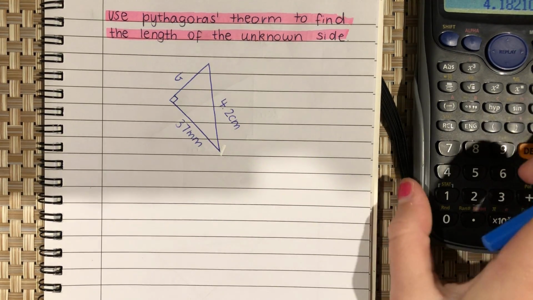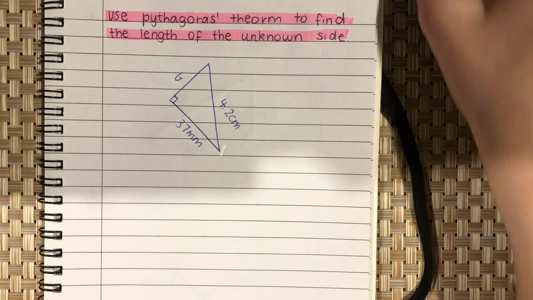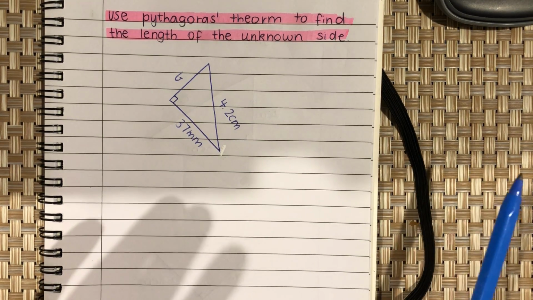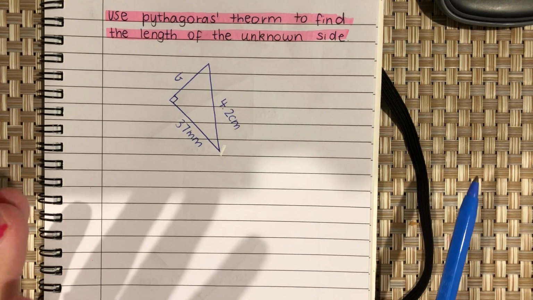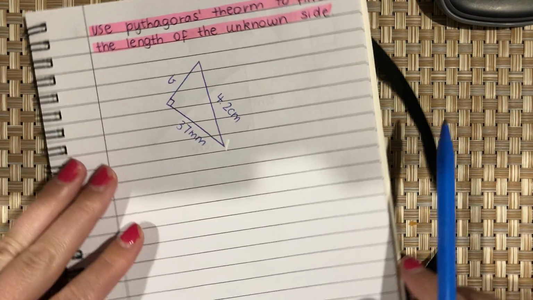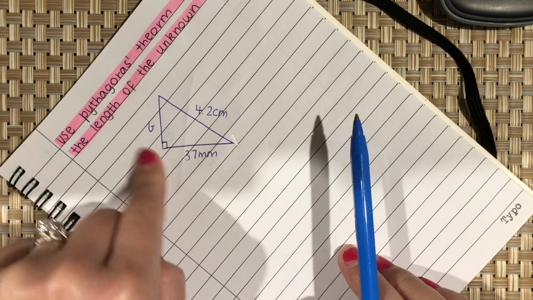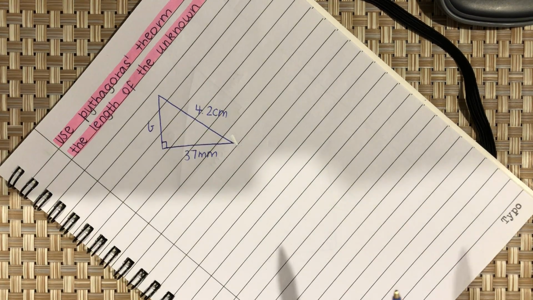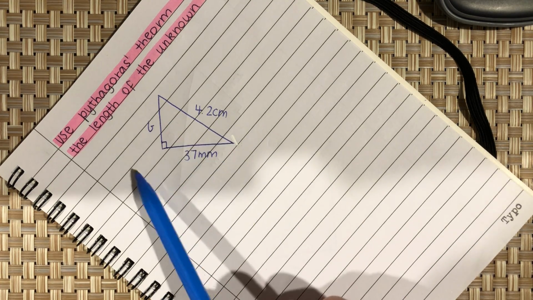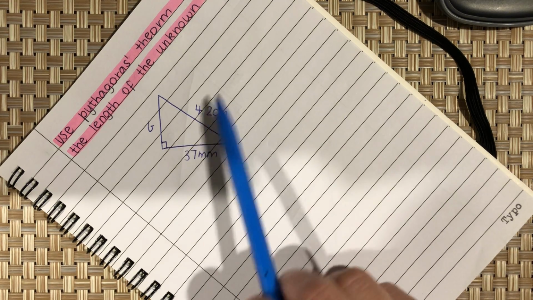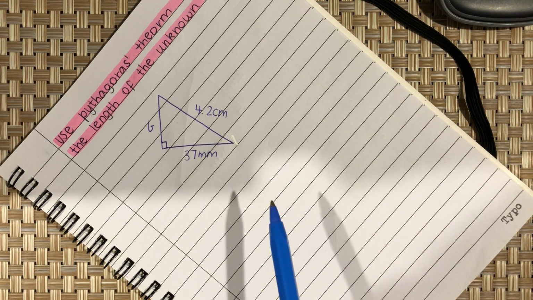Another example. Now again, if you're looking at this and it just doesn't make sense to you because of how I've drawn it or how the question's given to you, turn your page so that you can see it in a way that makes you feel comfortable. Now, I hope that you've noticed that with this question, we're actually given numbers in different measurements, okay?